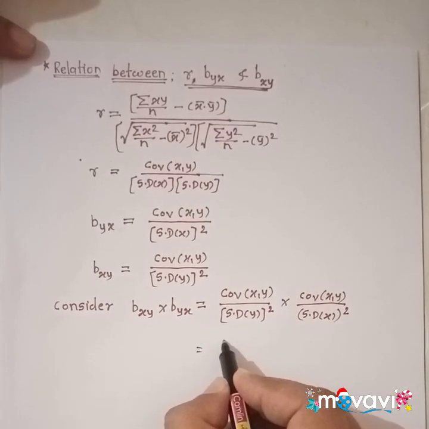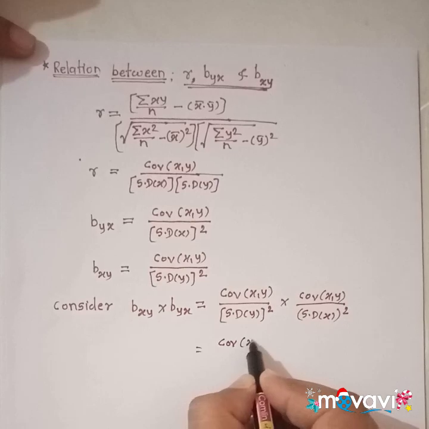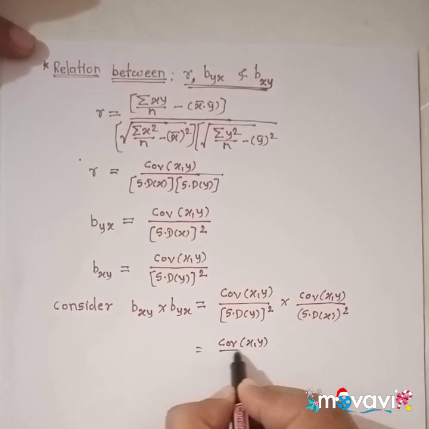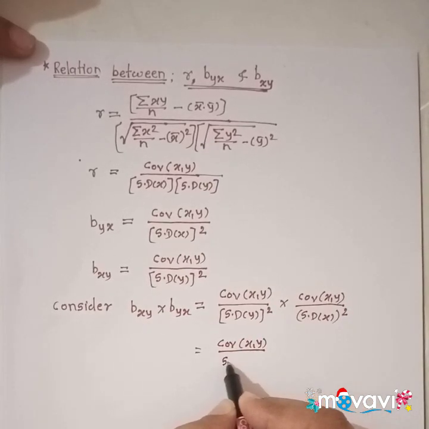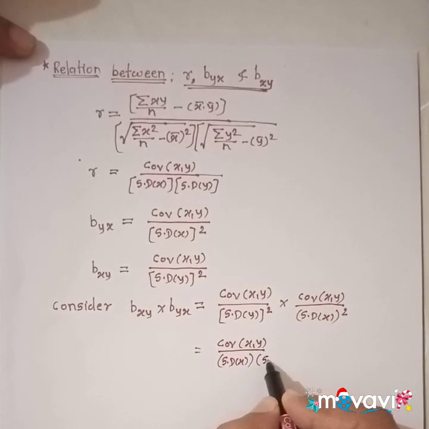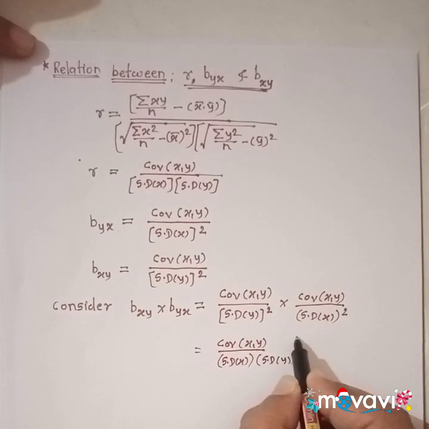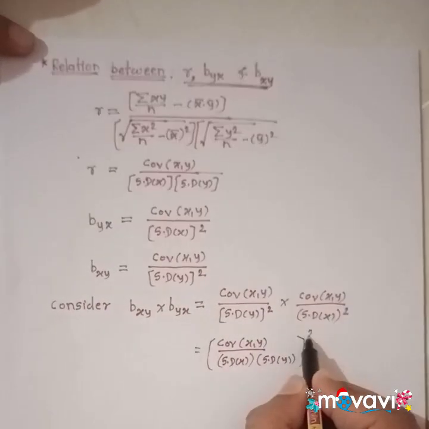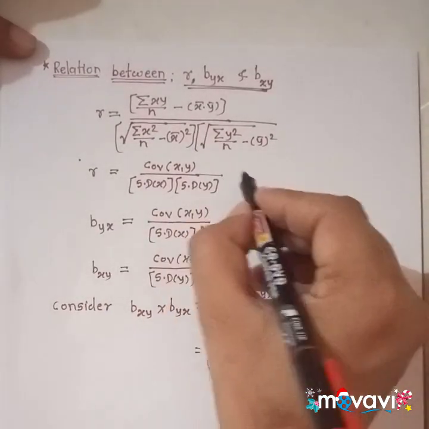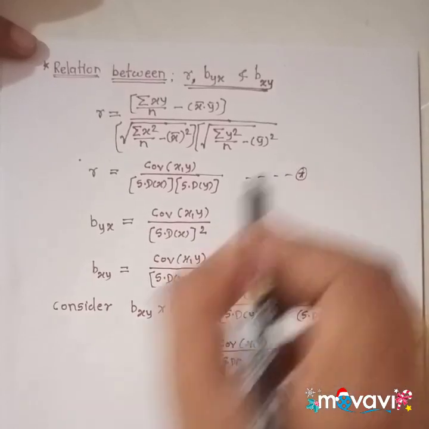So this is equal to covariance of xy upon standard deviation of x into standard deviation of y whole bracket square. And suppose this is equation star.